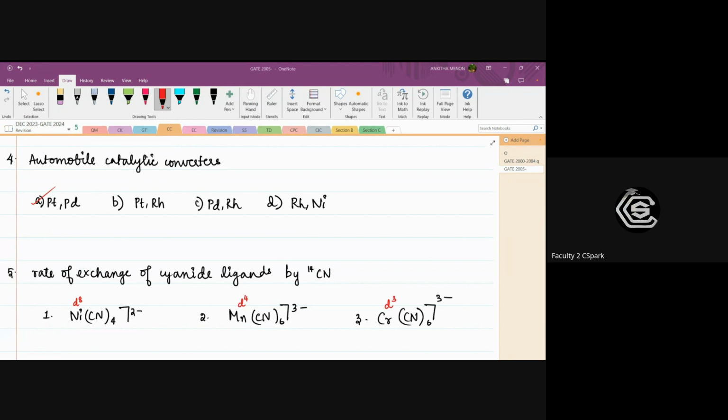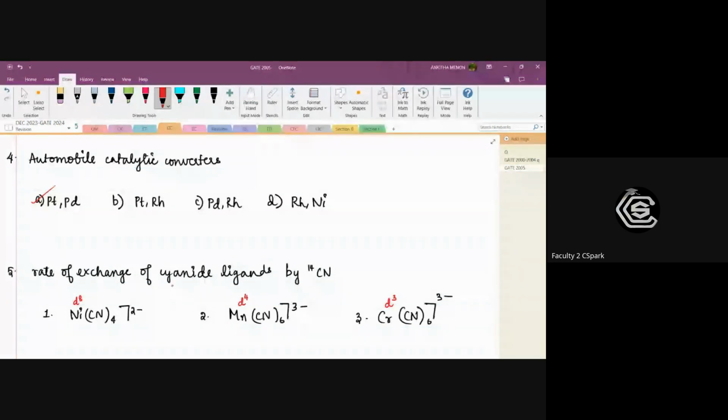If there are eg electrons, then it is labile. But wait. Now look at the geometries in these three complexes. You can see that the first geometry is square planar, while in these two it is octahedral.